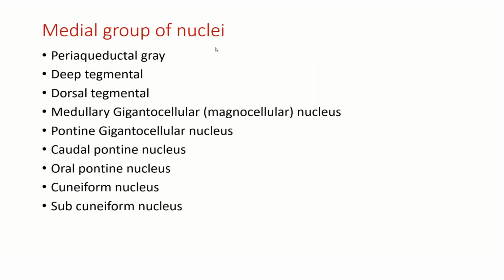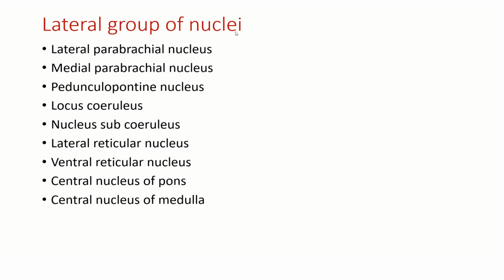So the medial group of nuclei: periaqueductal gray matter, deep tegmental nucleus, dorsal tegmental nucleus, medullary gigantocellular nucleus, magnocellular nucleus, then pontine gigantocellular nucleus, caudal pontine nucleus, oral pontine nucleus, cuneiform nucleus and subcuneiform nucleus. The lateral group of nuclei: lateral parabrachial nucleus, medial parabrachial nucleus, pedunculopontine nucleus, locus coeruleus, nucleus subcoeruleus, lateral reticular nucleus, ventral reticular nucleus, central nucleus of pons and central nucleus of medulla.